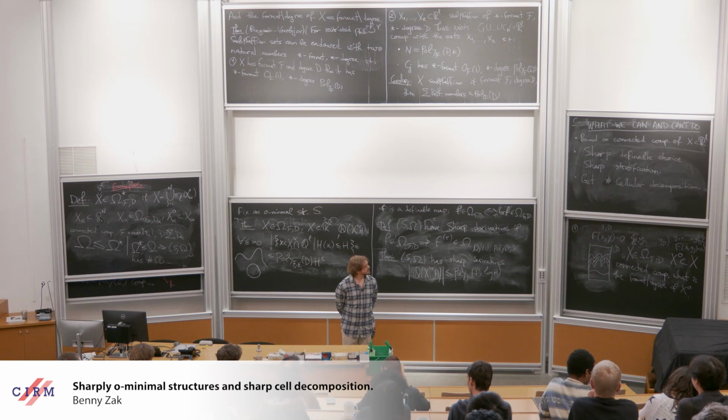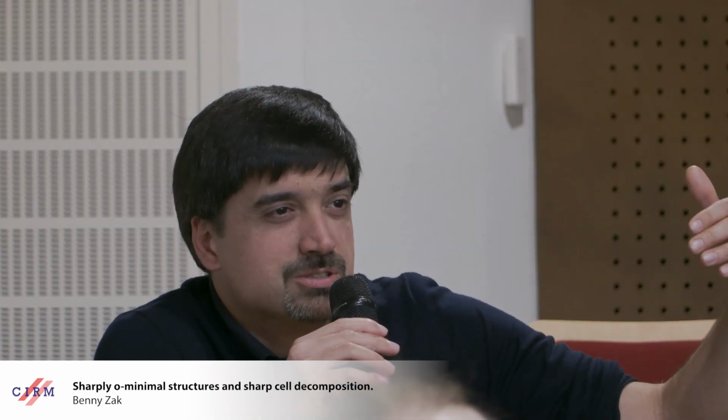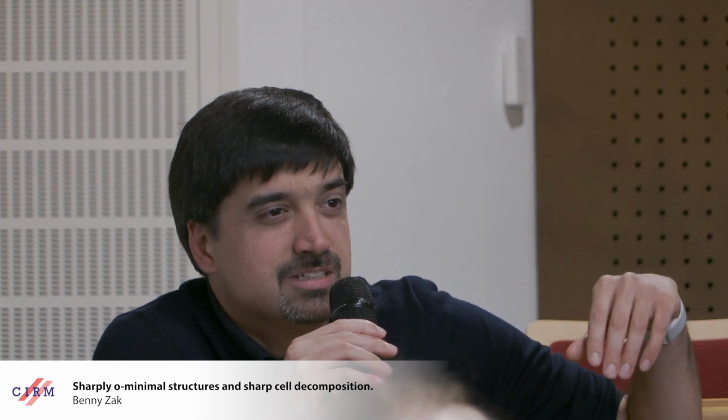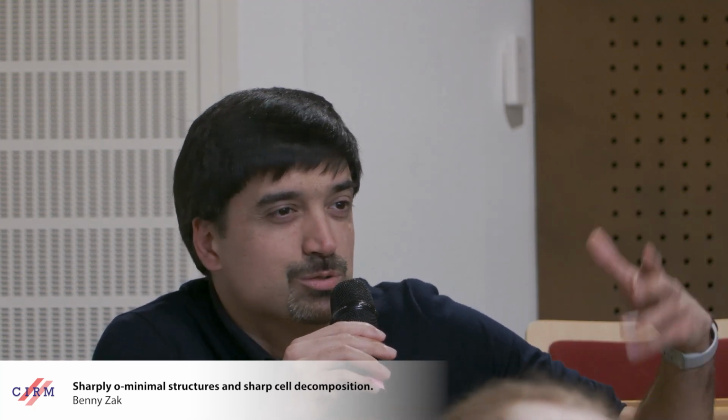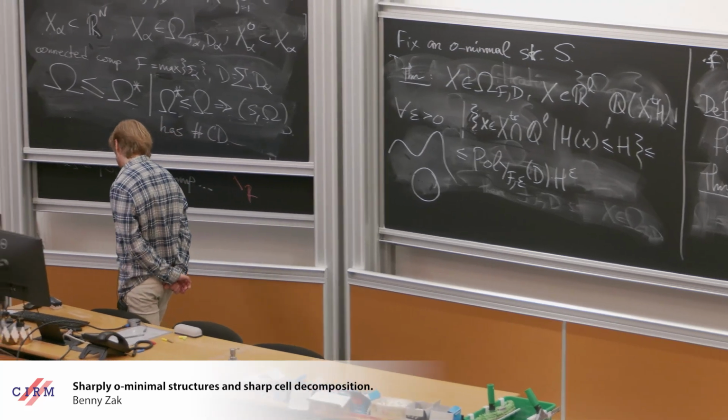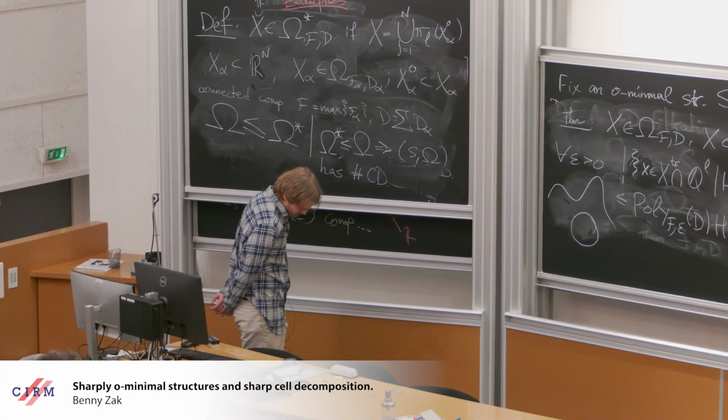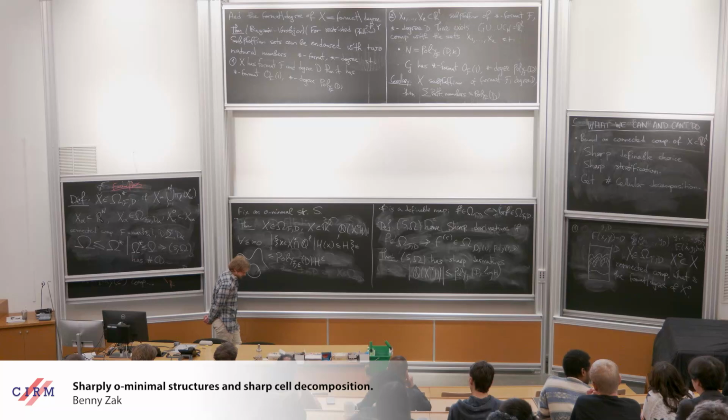So is there anything like, if you start with a sharply minimal structure and you take the Pfaffian closure, then you remain sharply minimal? Okay, so almost.